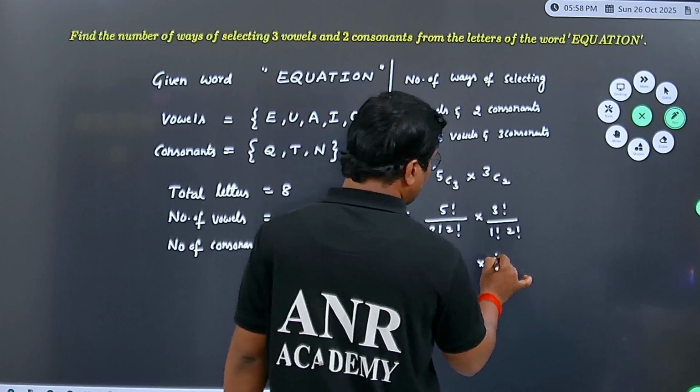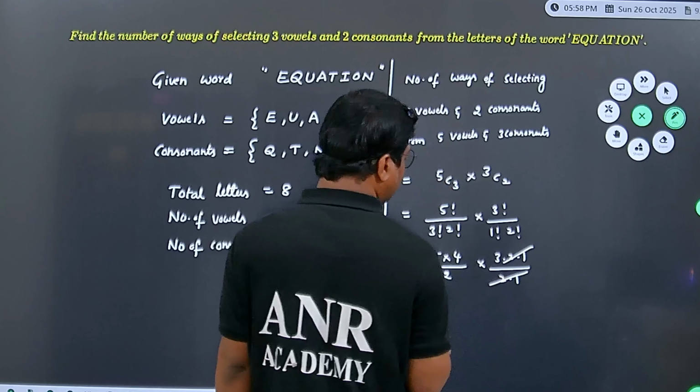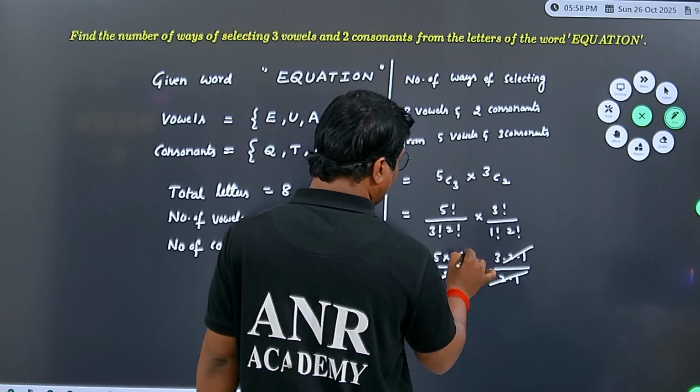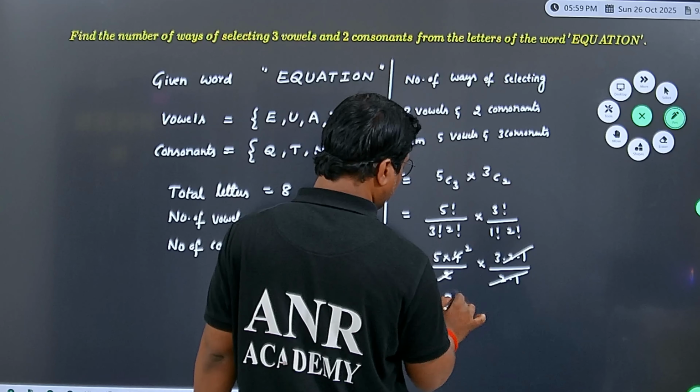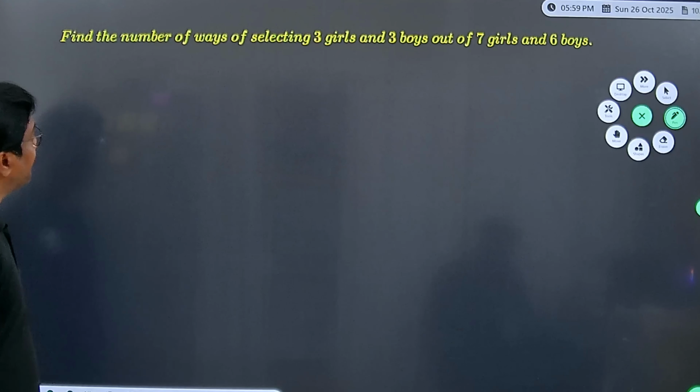This is 3 into 2 into 1 divided by 2 into 1, the 2 into 1 gets cancelled. 2 into 2 is 4. Therefore, the answer is 30. Let us move to the next one.